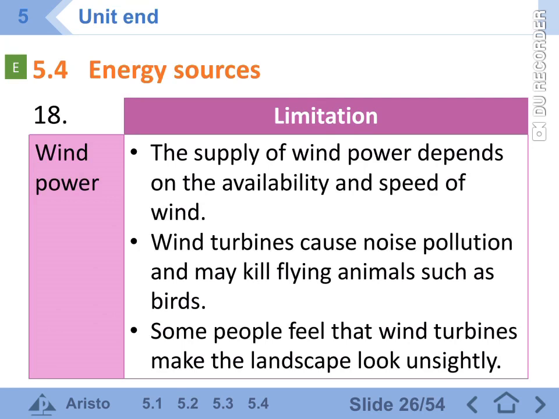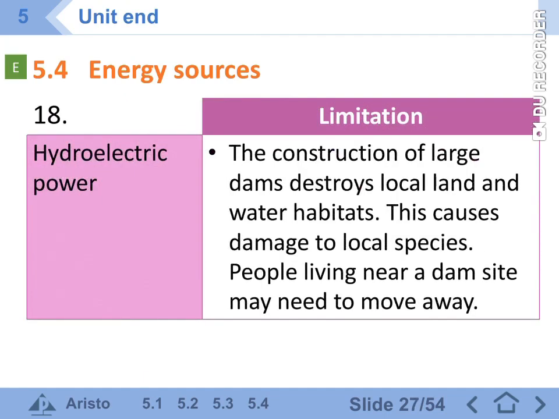And actually, the noise level, if you're living next to one of these turbines, can be relatively noisy because the turbines are turning and you can hear it, and people don't really like that, nor the way it looks, because people like to look at the natural environment as it is, but sometimes that's what people have to live with.